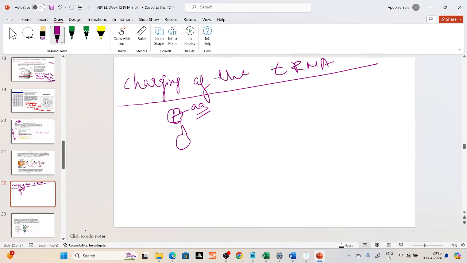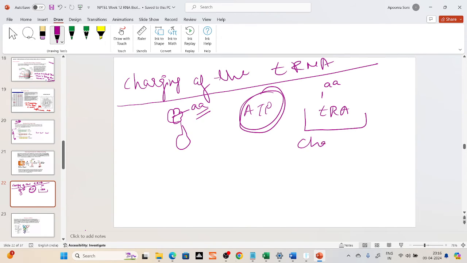This addition of amino acid to the 3' end of the tRNA is known as charging of the tRNA. And this charging of the tRNA requires ATP. Once this tRNA has the amino acid, it is known as a charged tRNA.